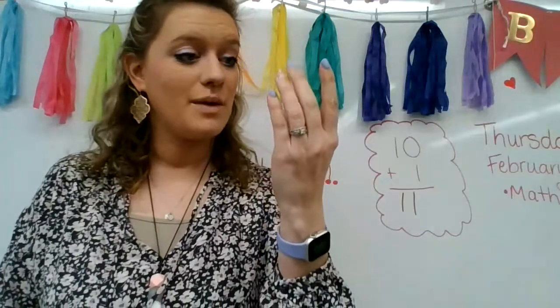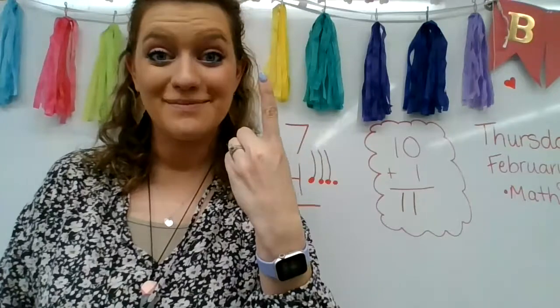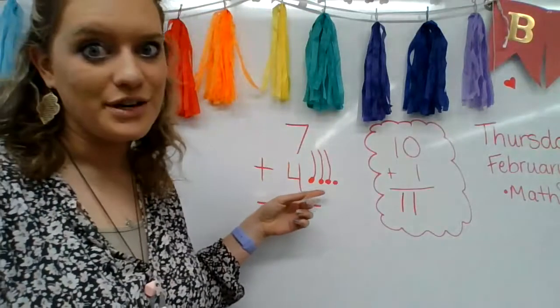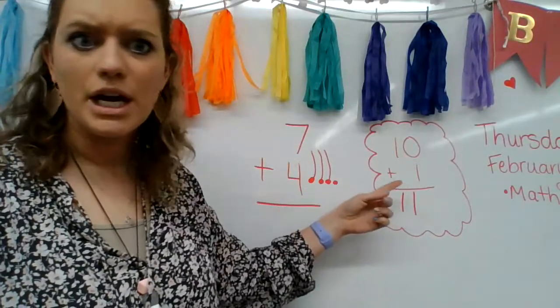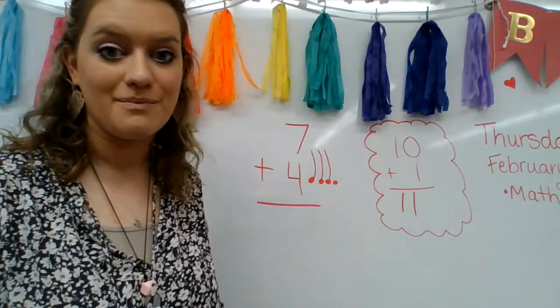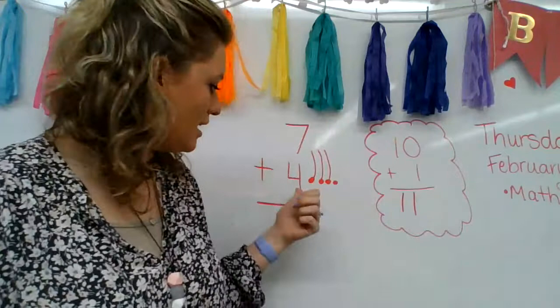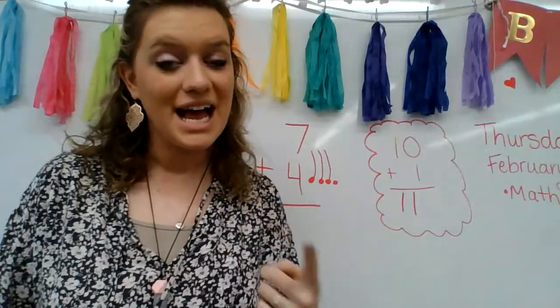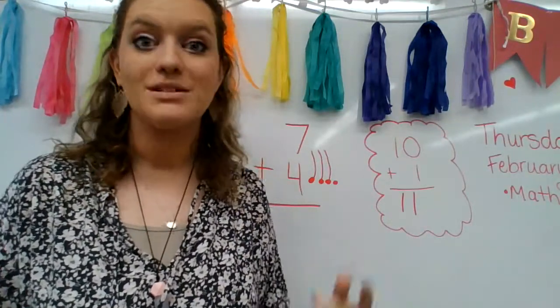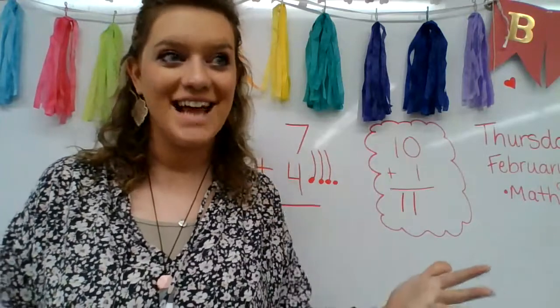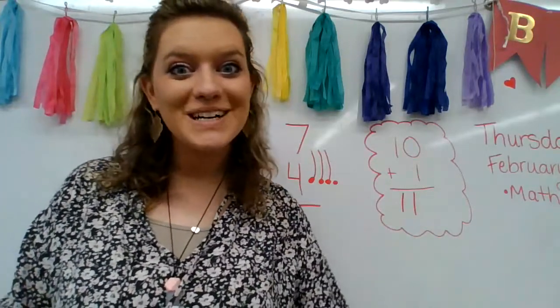There's only 1 left. But I wanted to draw it for you too, so you could see where I was getting this idea from. So you can think that 7 plus 3 is 10. Then I'm only left with 1 that I'd have to add to 10. So 10 plus 1 equals 11. And that is how we brainstorm.